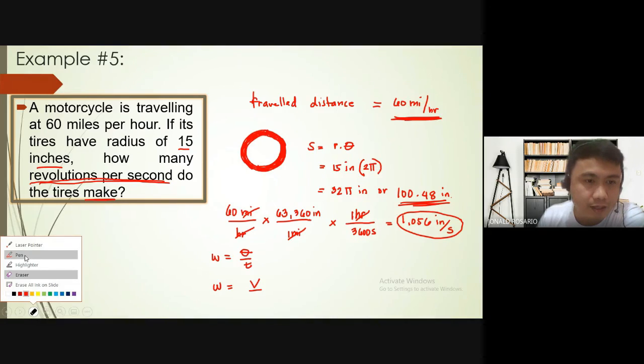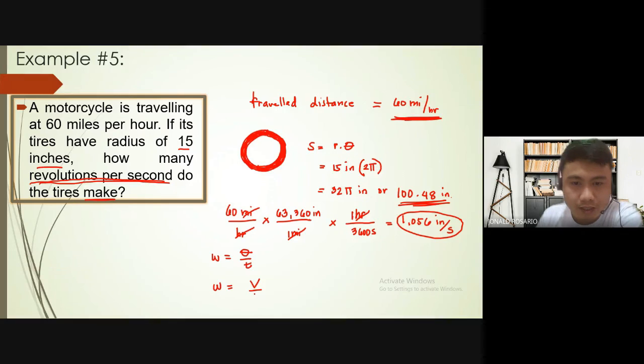Okay, so erase natin. We're going to use the pen. So this is R. Our velocity here is 1,056 inches per second.